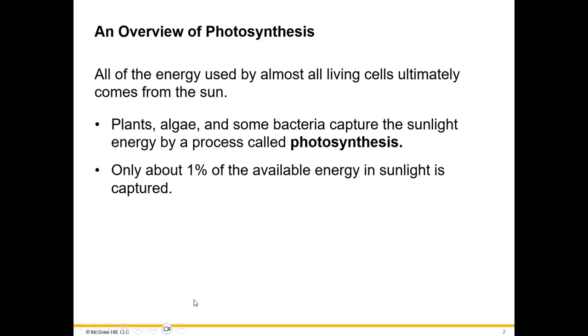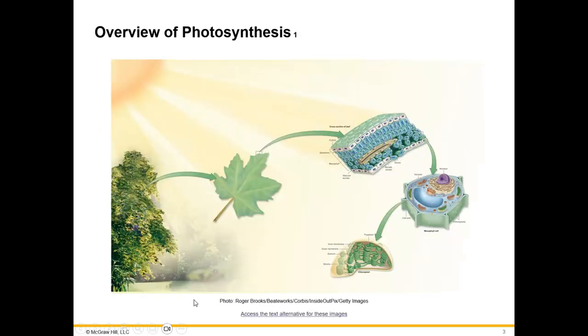But of all of those rays that come to us from the sun, only about 1% of the available energy in sunlight will actually be captured through photosynthesis. So when we're thinking about that, we're thinking of a photosynthesizing organism like this tree. We're zooming into the leaf, into a specific cell within that organism, and then all the way into this organelle, the chloroplast.